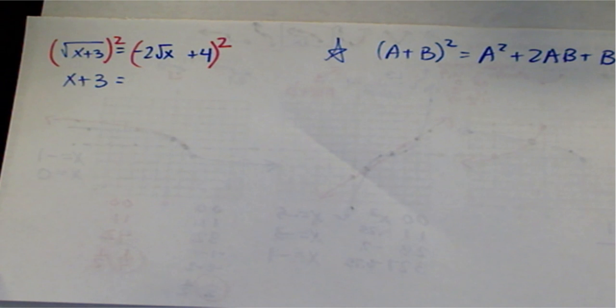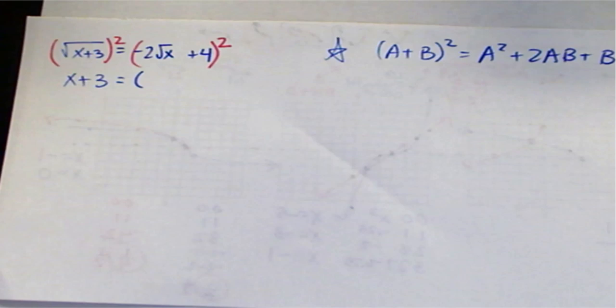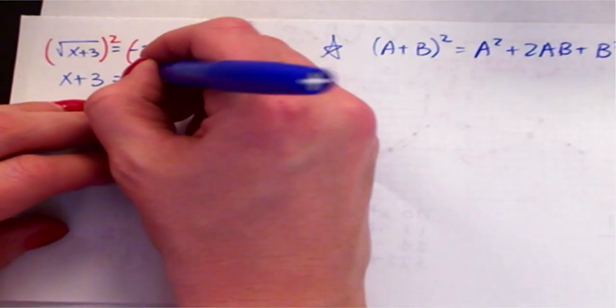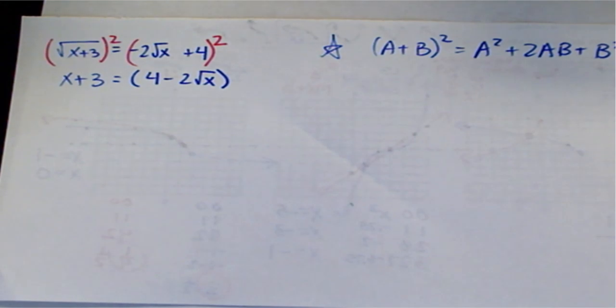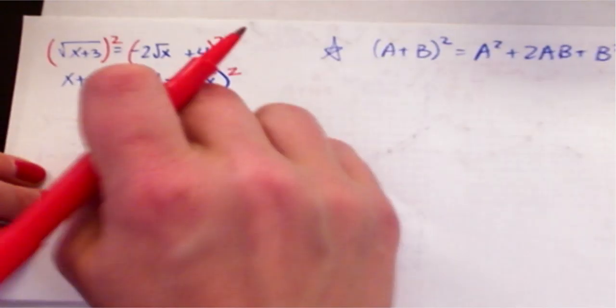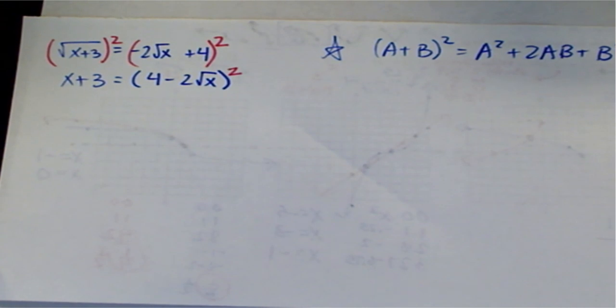Now I am going to change something. I really don't like that leading negative. I'm just going to make it positive 4 and a minus 2 root x, because that leading negative, if I can avoid it, I'm going to. I would much rather square that instead. It just looks nicer.